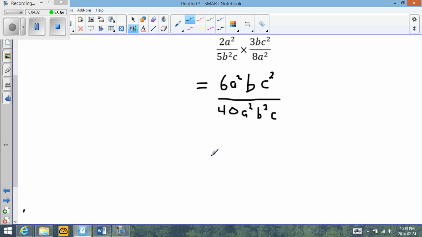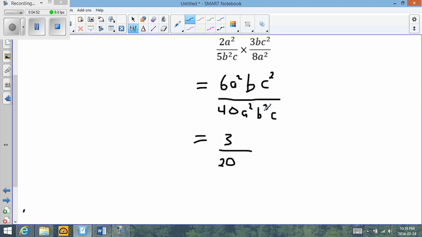So 6 over 40 does reduce. You can reduce that down to 3 over 20. Okay, so there's no exponents on these coefficients. It's just 6 over 40 is the same as 3 over 20. Now, a squared over a squared. Okay, that will cancel out. So that will turn into 1, which we don't have to write down.